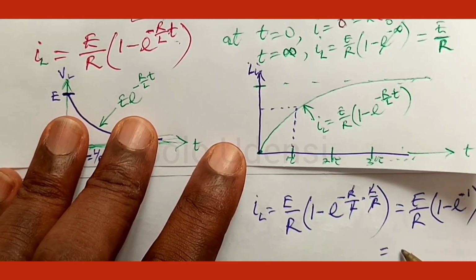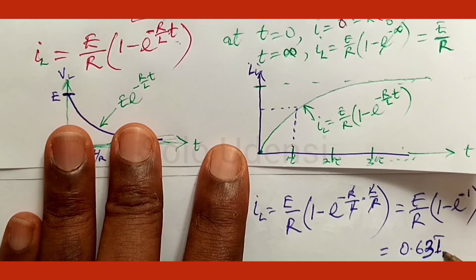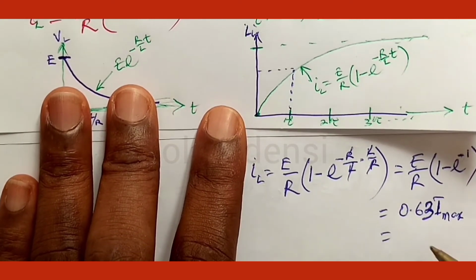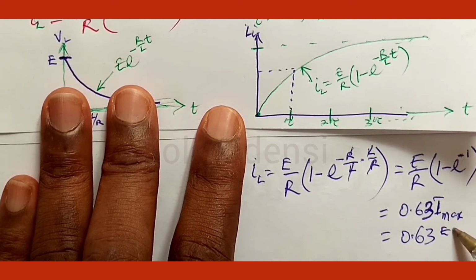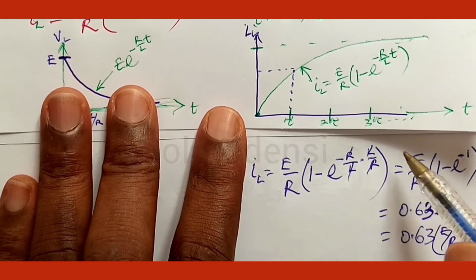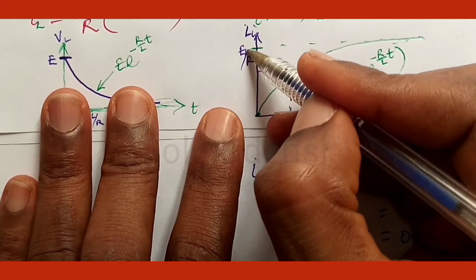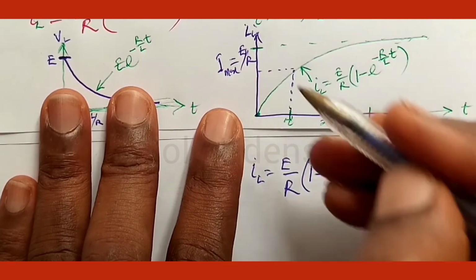That means 0.63 I max. And this I max is E over R. That's what we have gotten, because here it will be E over R. That's the I max here.